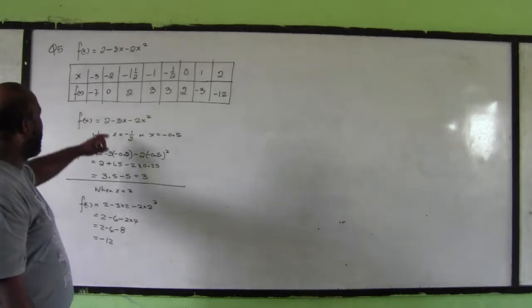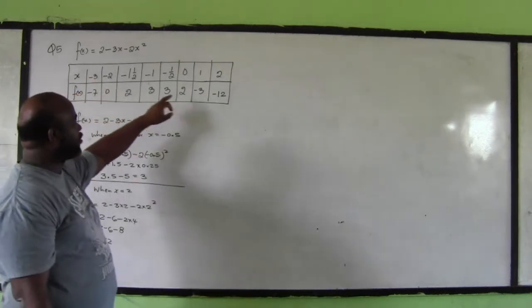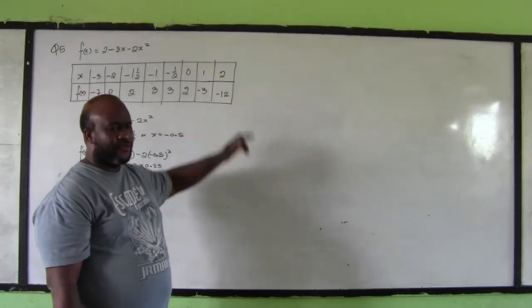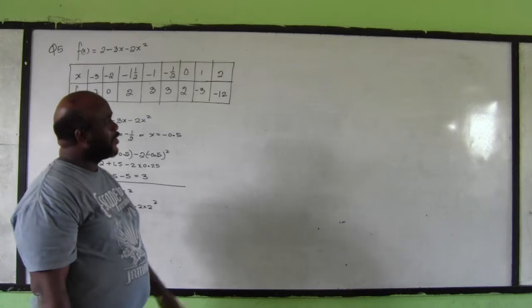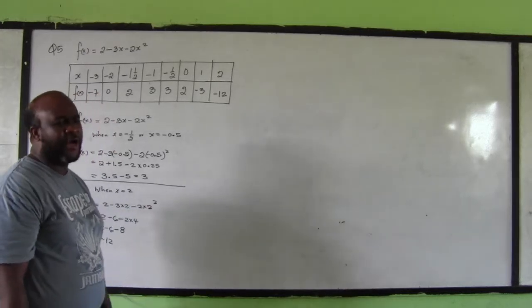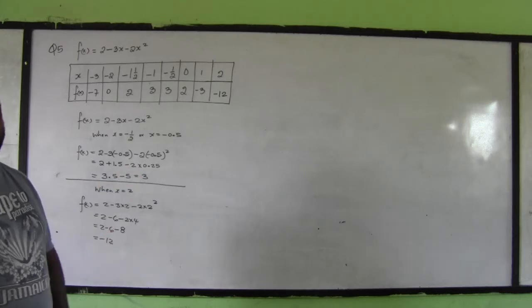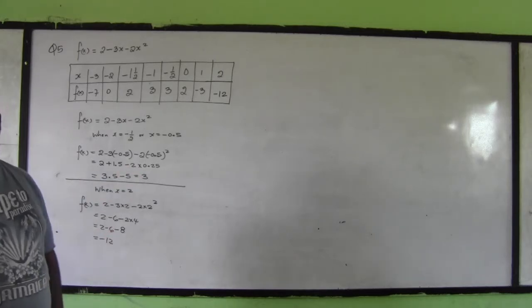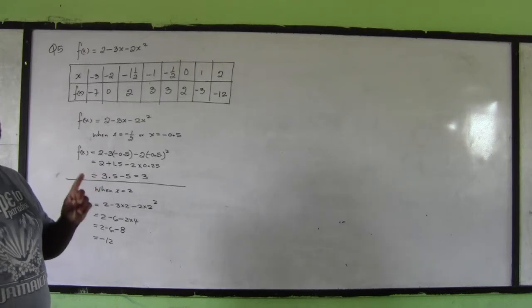How far to the left does your graph go? Minus 3. How far to the right does it go? Plus 2. So it's roughly half and half on both sides. So you can draw your y-axis in the middle. Please note, you must always draw your axes on a major grid line.